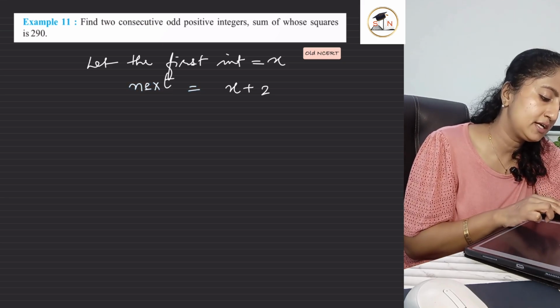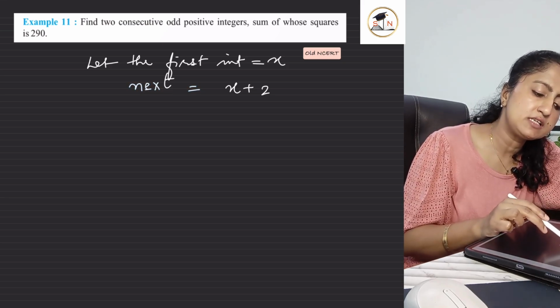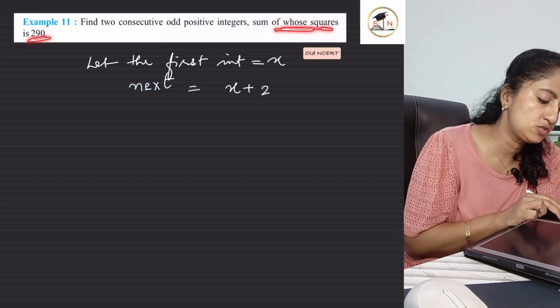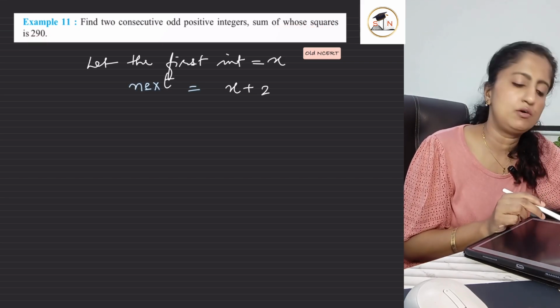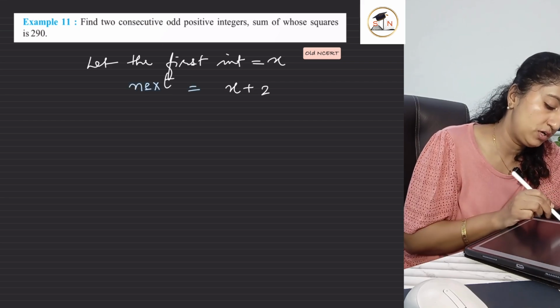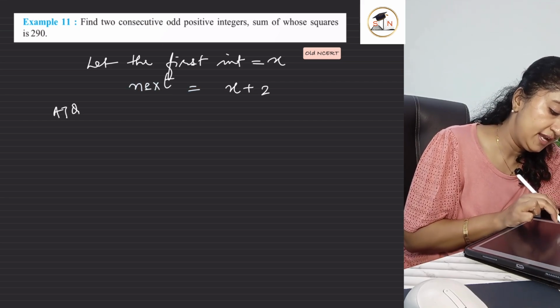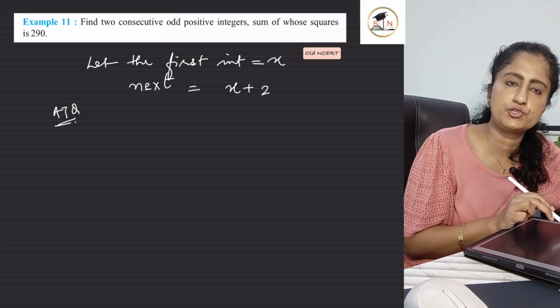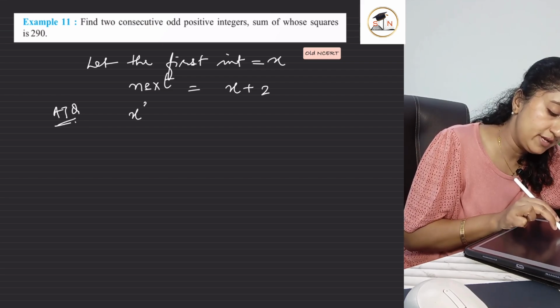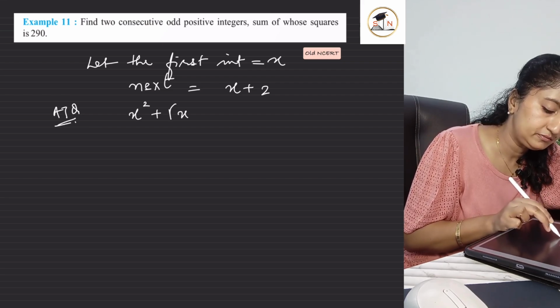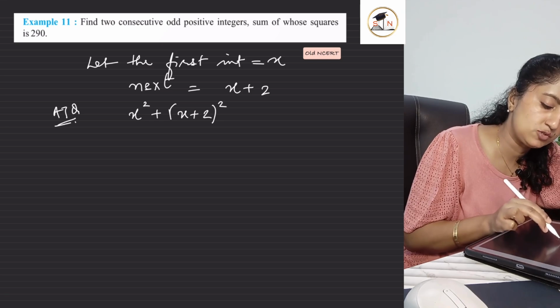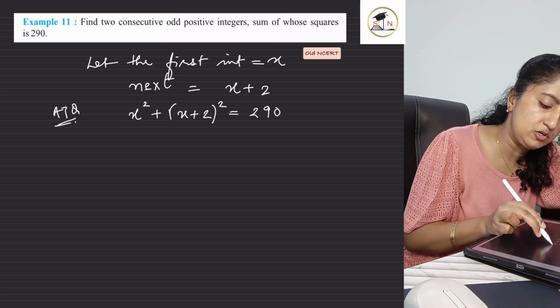Now, what is the condition? The condition is sum of whose squares is 290, right? So what do we need to do? ATQ, that is according to the question, we are supposed to do x square plus (x plus 2) whole square equals 290.